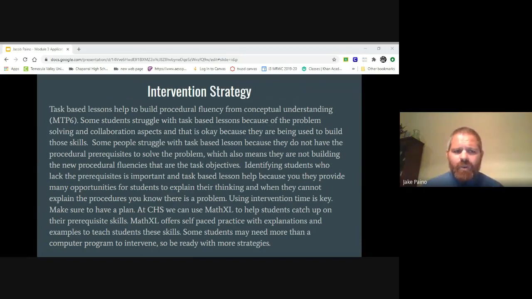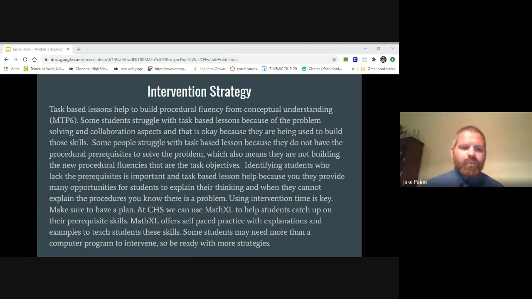At Chaparral, we have access to Math Excel through Pearson. Math Excel is a great way to get kids to work at their own pace on as many problems as they need. With each problem, there's an explanation, a video, and examples to walk them through these skills, so you don't have to sit there with them and hold their hand on every single skill.